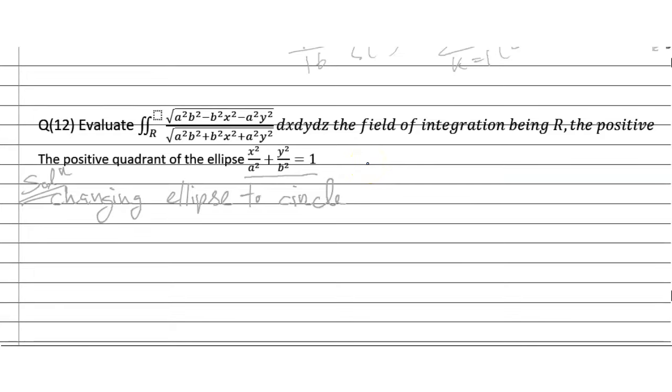How can I convert an ellipse to a circle? x is equal to au and y is equal to bv. So J equals the determinant a, 0, 0, b, and it would be ab.